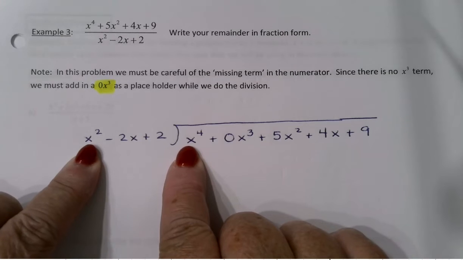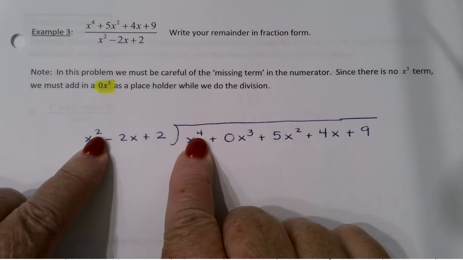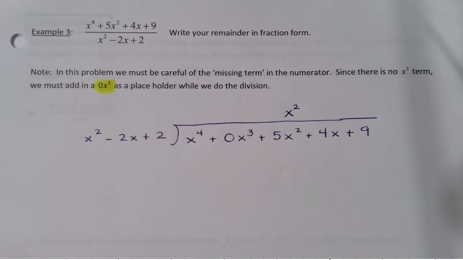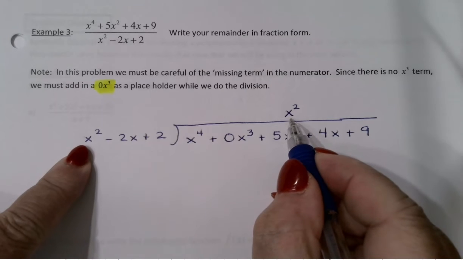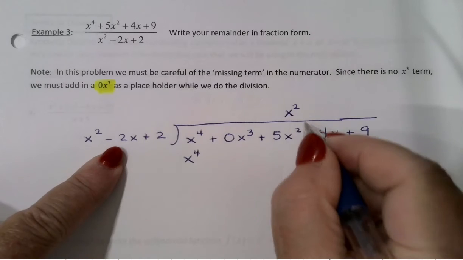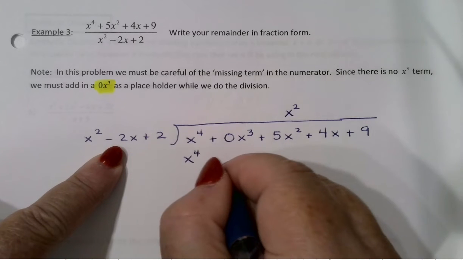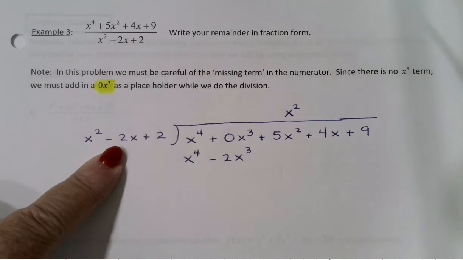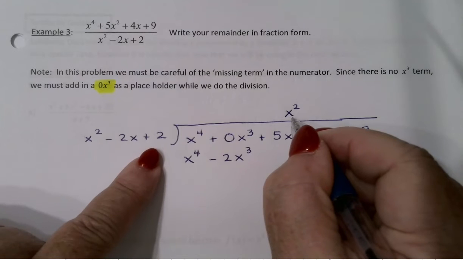x to the 4th divided by x squared would be, remember, subtract exponents, x squared. We're going to multiply: x to the 4th minus 2x to the 3rd. And now you can really see why I needed that 0x cubed to keep my like terms lined up, plus 2x squared.